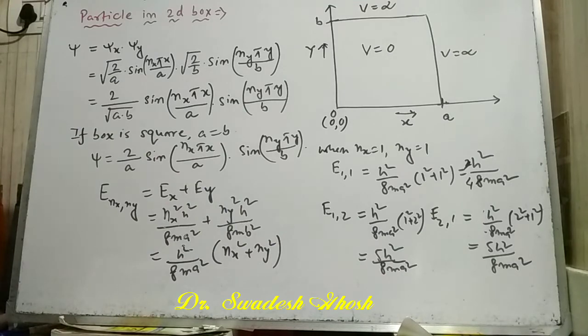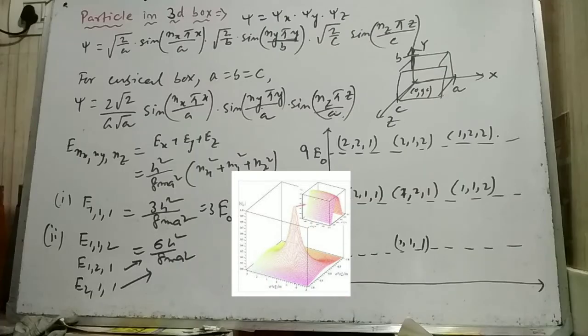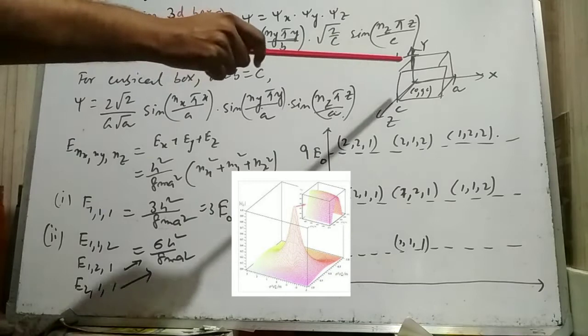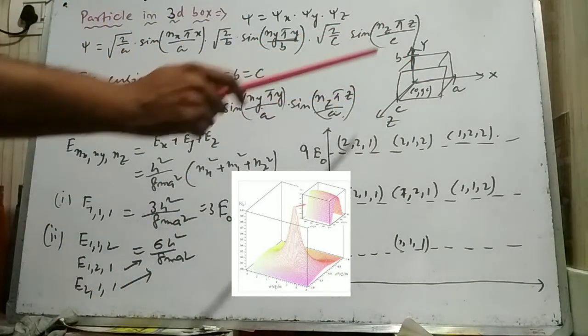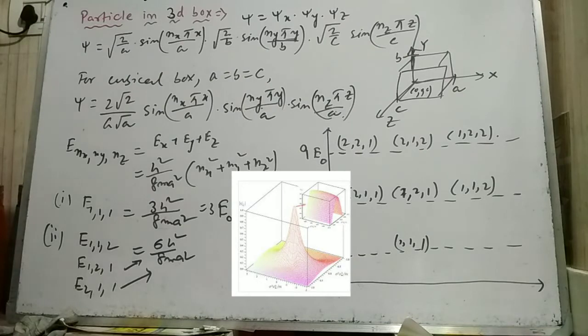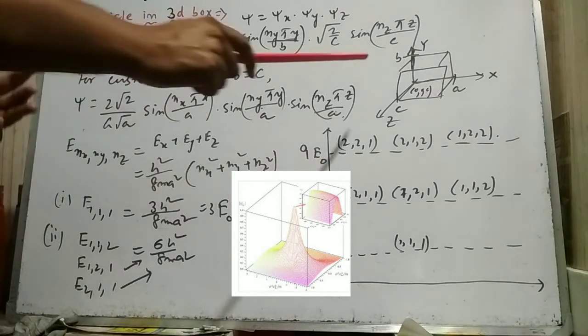Okay, now we will discuss the particle in a three-dimensional box and the wave function of the particle in a three-dimensional box. Let us consider a particle of mass m moving in a three-dimensional box having side lengths a, b and c along the x, y and z axes respectively.